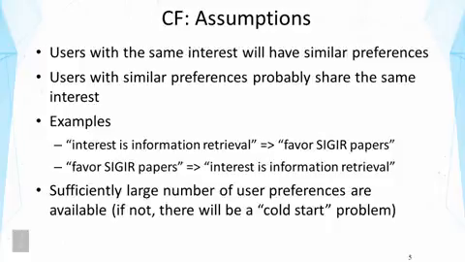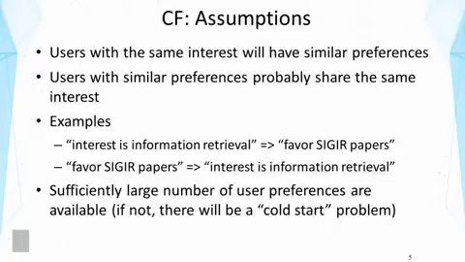That's the assumption that we make. And if this assumption is true, then it would help collaborative filtering to work well. We can also assume that if we see people favor SIG-IR papers, then we can infer their interest is probably in information retrieval. So in these simple examples, it seems to make sense. And in many cases, such an assumption actually does make sense.